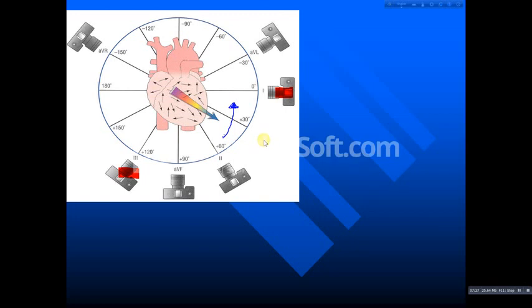So in left axis deviation, there will be a negative QRS complex in lead 3 and lead 2, and a positive QRS complex in lead 1. But if we look very carefully, we can say left axis deviation only if the axis is beyond AVL, because left axis deviation is between -30 to -90 degrees. So this axis should move beyond AVL.